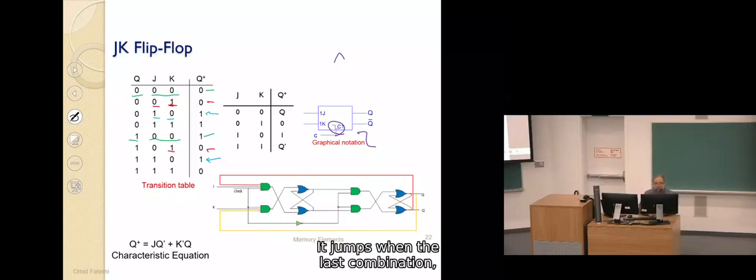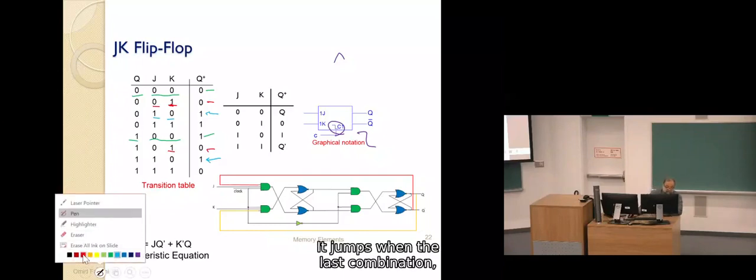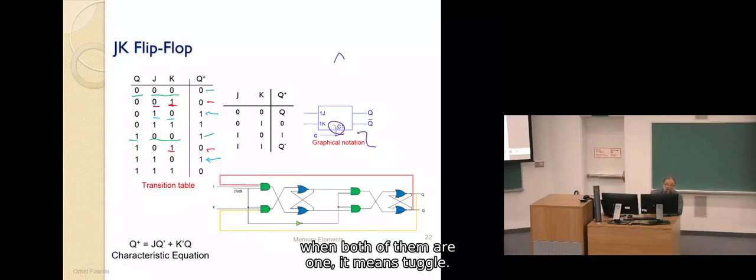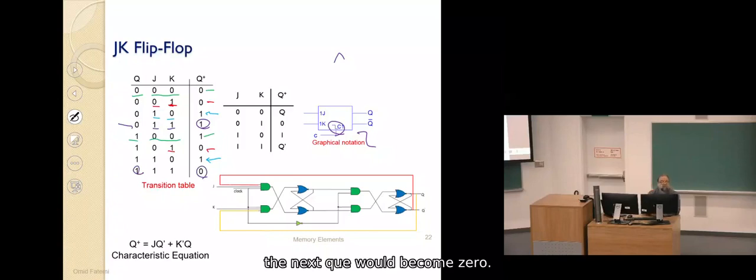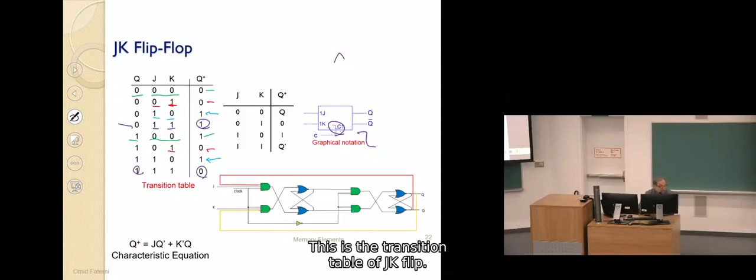And the last combination, when both of them are 1, it means toggle. So if the Q is 0, the Q will become 1. If the Q is 1, the next Q would become 0. So this is the transition table of JK flip-flop.